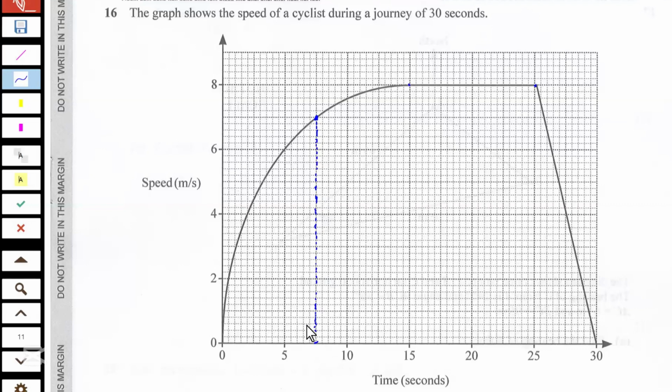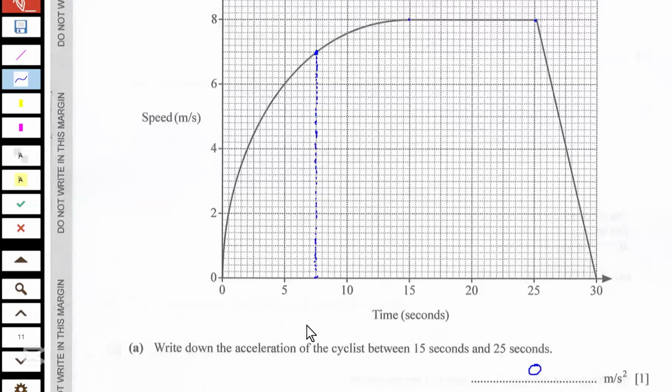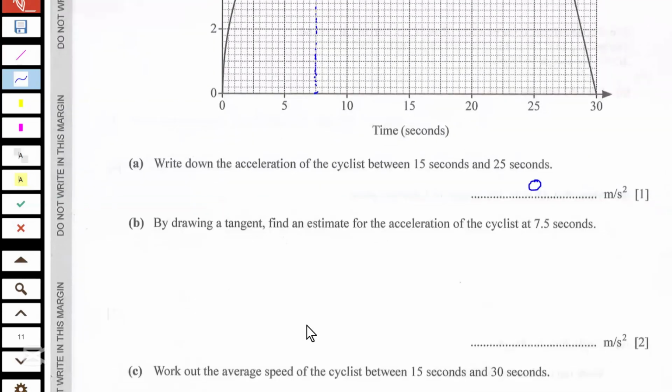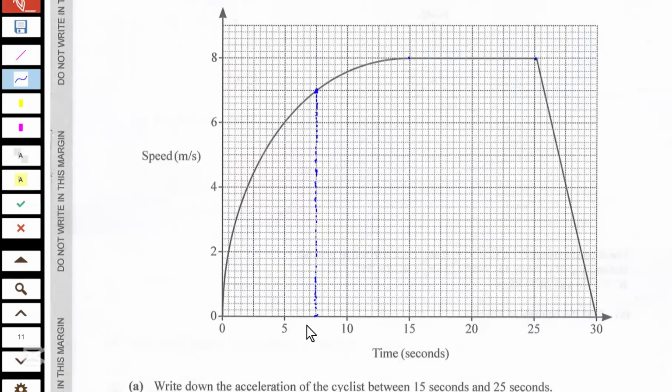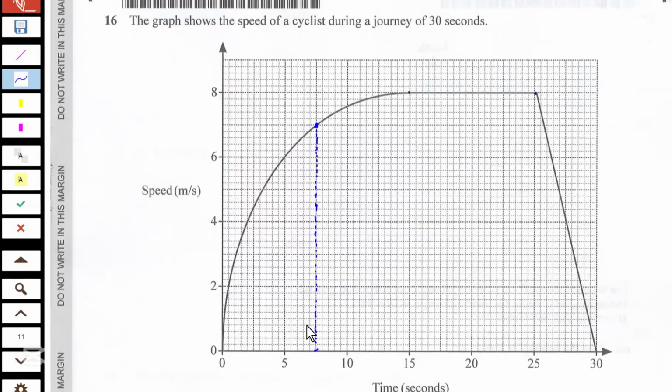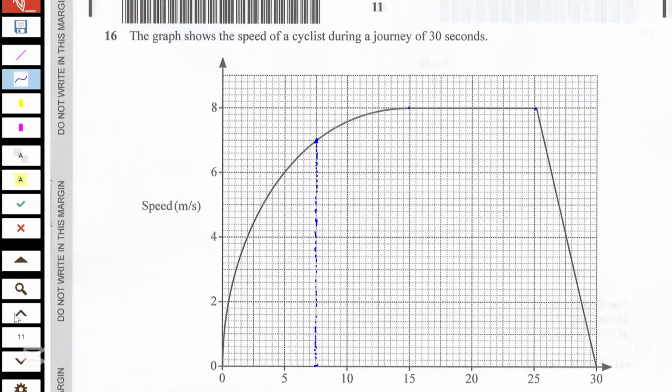The question says to find an estimate for the acceleration of the cyclist at 7.5 seconds by drawing a tangent. We are simply going to find the gradient of the curve at 7.5 seconds, and to find the gradient, we have to draw a tangent at exactly 7.5.